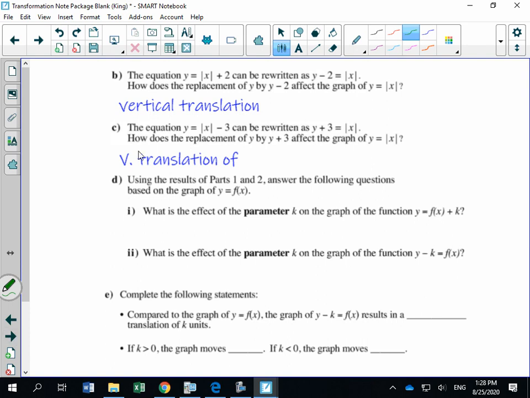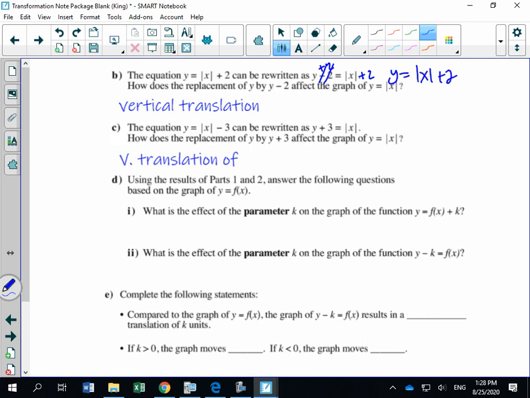B. The equation y minus 2 is equal to the absolute value of x can be rewritten in this way. Whenever they put a number next to your y value, from grade 10, we always said you want to isolate y. So how you would isolate y is add 2 to each side, and what we would get is y is equal to the absolute value of x plus 2.